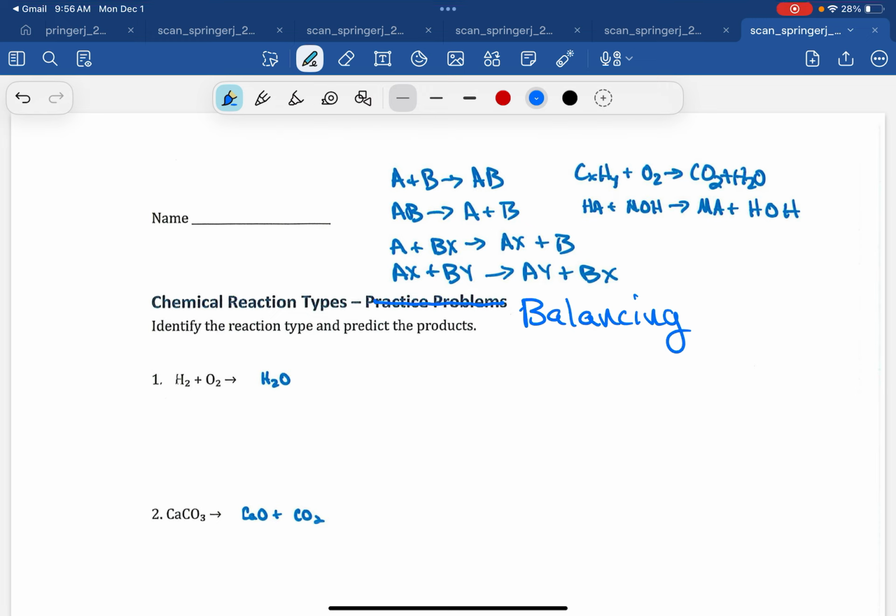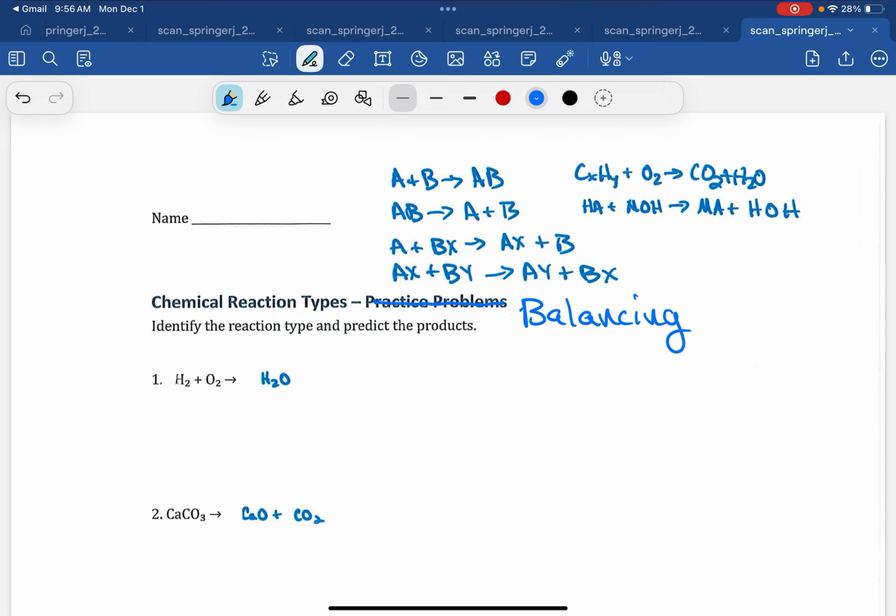The only thing you can do is put a coefficient, which is a big number, in front of a compound, and that multiplies that whole compound, everything in that compound, by that coefficient. The coefficient does not cross a plus sign or an arrow. So if you put a coefficient on the first reactant, it doesn't affect anything but the first reactant, and that will become more clear as we go.